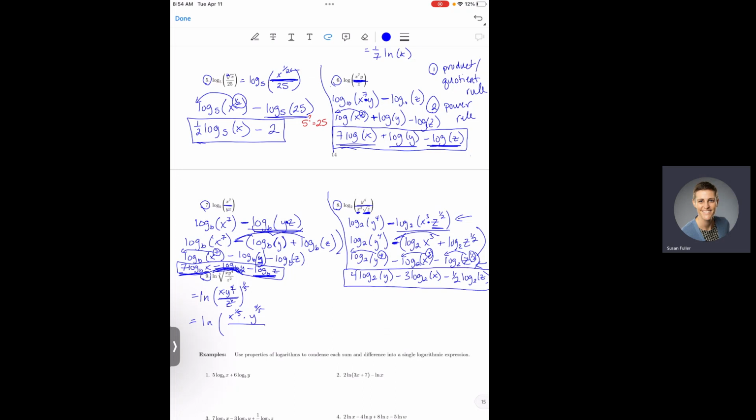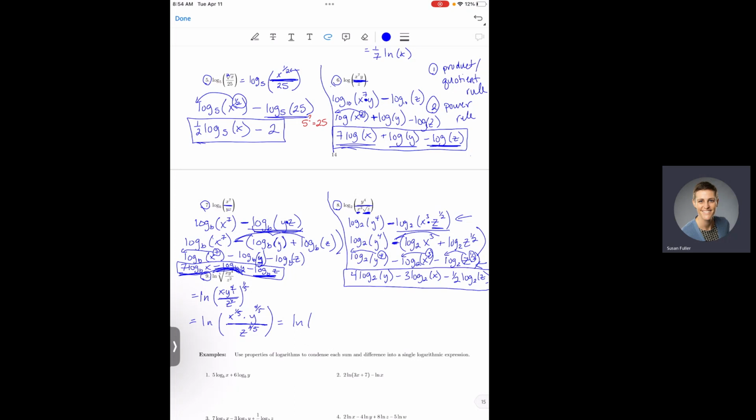And this is all going to be over z to the, again, you multiply those exponents, 2 times 1/5 is 2/5 power. And so now that we've distributed that exponent to each piece, hopefully you can see what we'll do here. You'll split the division.